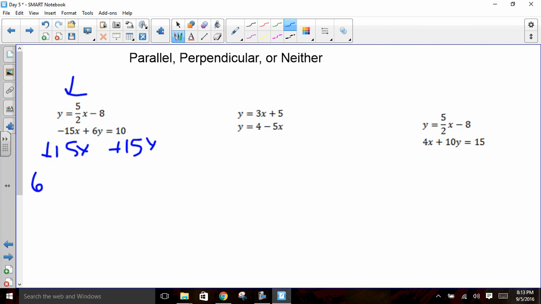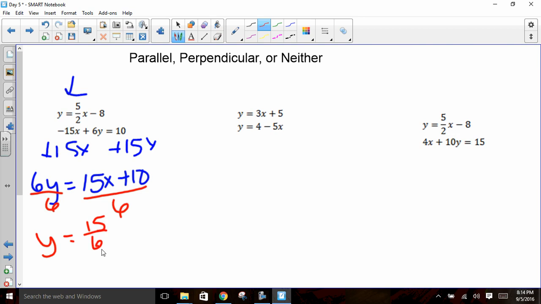So I got 6y is equal to 15x plus 10. I want to get y by itself, so I have to divide it by 6. Now remember, when I divide a whole side by a number, I can split each thing up.